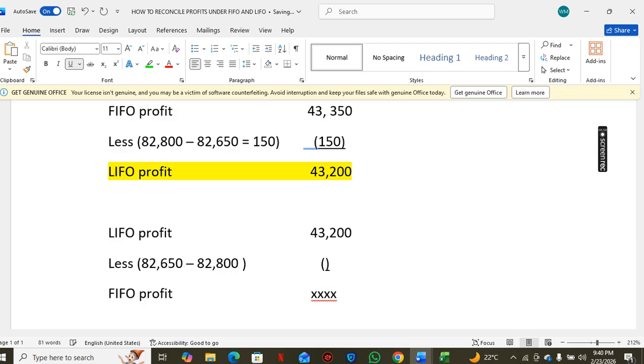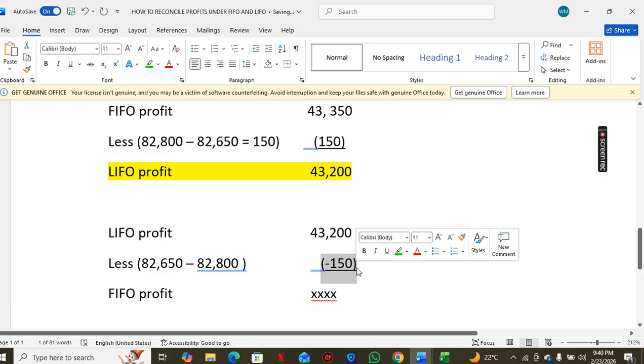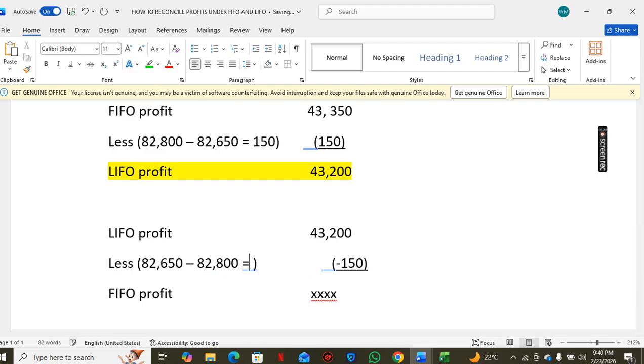So 82,650 minus 82,800, you get negative 150. So we are subtracting negative 150.